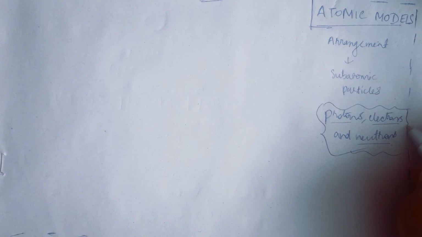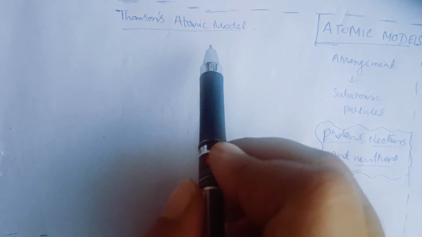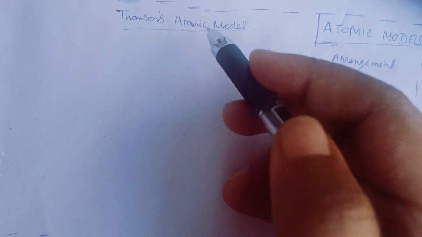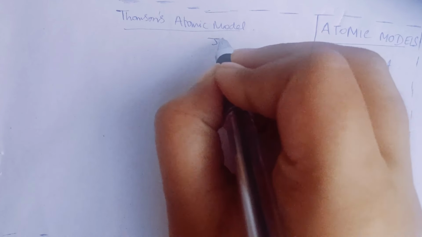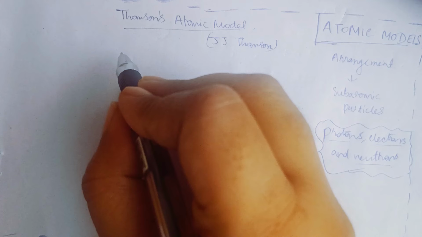But earlier, when the atomic models were given, the discovery of these subatomic particles was just beginning. Okay, so the first model that came out was Thomson's atomic model, given by Sir J.J. Thomson. It was the most simplified model.